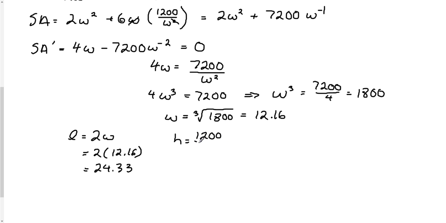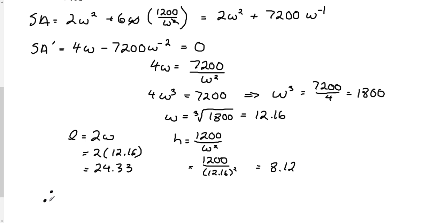It was 1,200 divided by w squared. So we can sub in our value for w, 12.16 squared, and we can work out what h is going to be, 8.12. And those are our 3 dimensions.